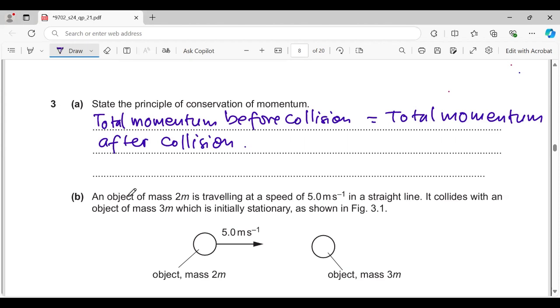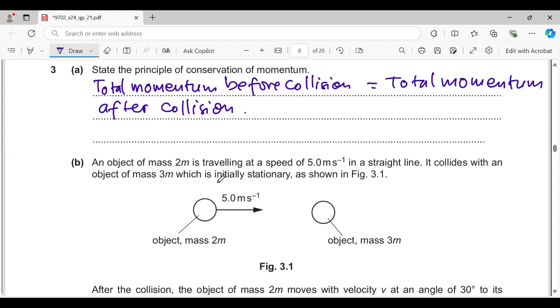An object of mass 2m is traveling at a speed of 5 meters per second in a straight line. This object collides with an object of mass 3m, which is initially stationary, as shown in figure 3.1.